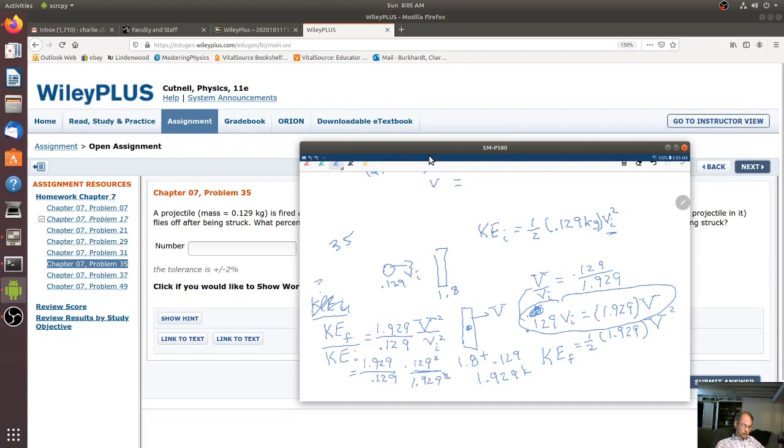Well, one of these cancels. One of these cancels. And I get 0.129 over 1.929.